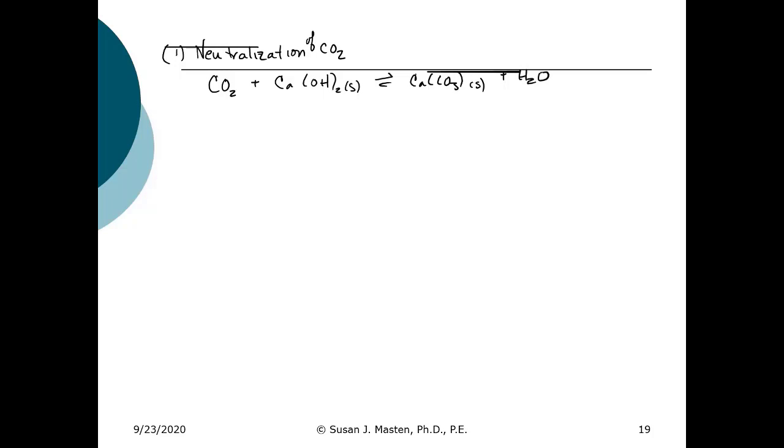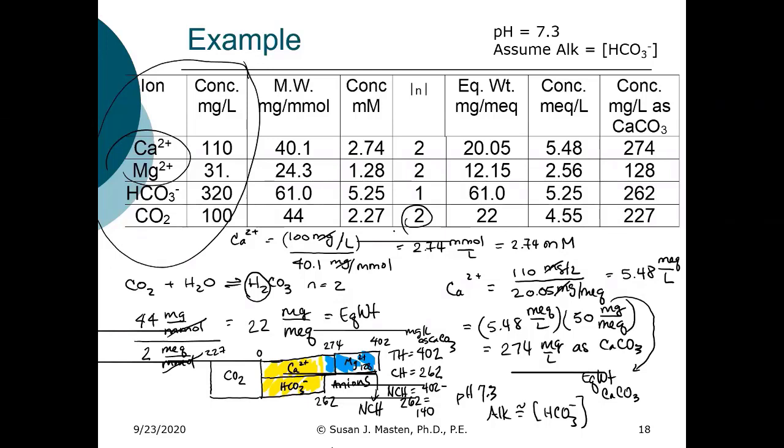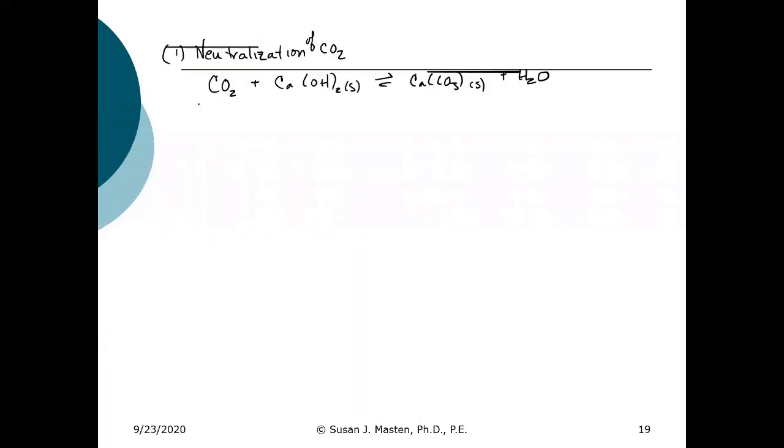Okay. We need to know how much CO2 we have in solution. So let's go back. We want this on a molar concentration. So we have 2.27 millimoles of CO2. So how many millimoles per liter of calcium hydroxide do we need?